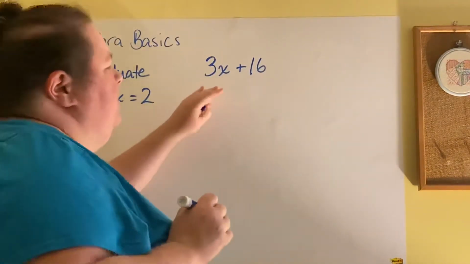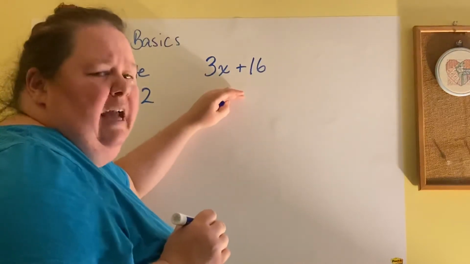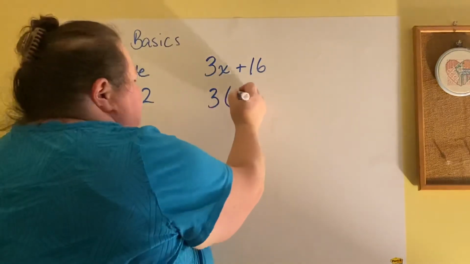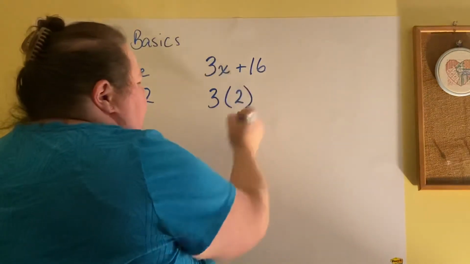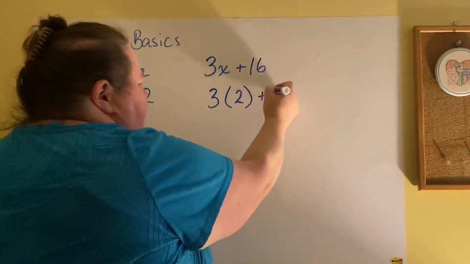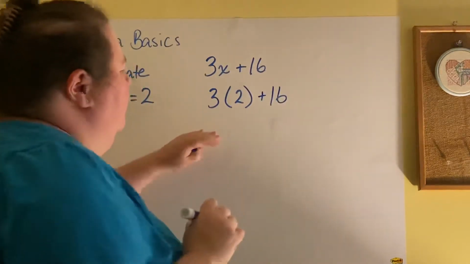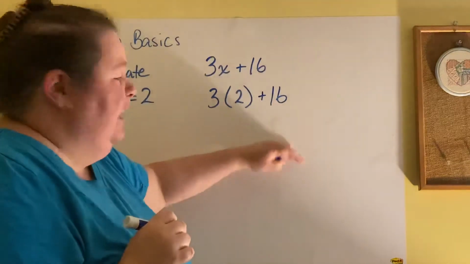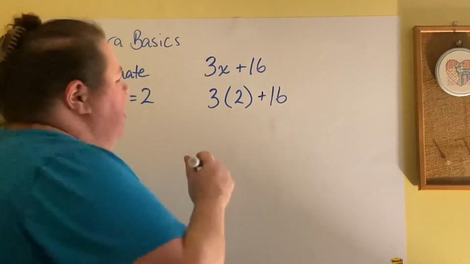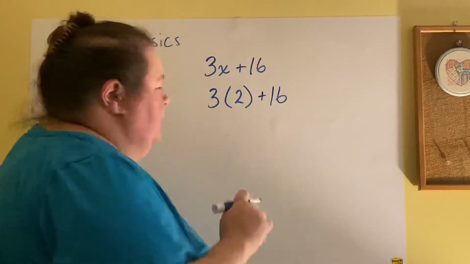What I'm going to do is go in and substitute that 2 where I see x. So it's going to be 3, and then I write in the number 2 where that x would be, and I write it in brackets as a good practice. And then I'm going to follow BEDMAS, and reduce that down to just one number, or at least to as few terms as possible.